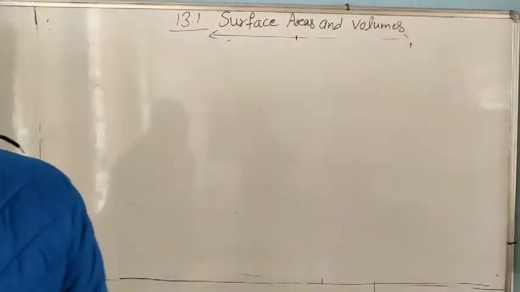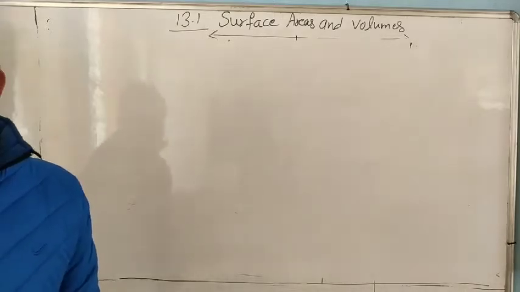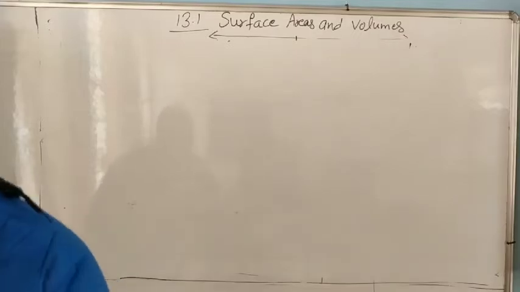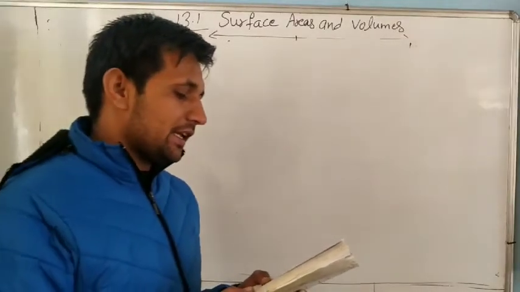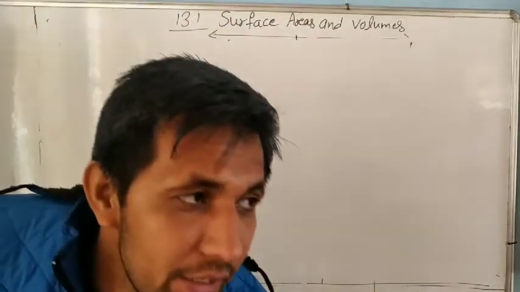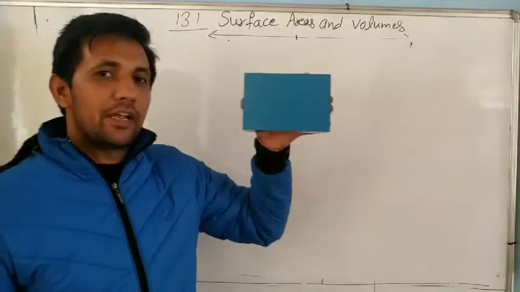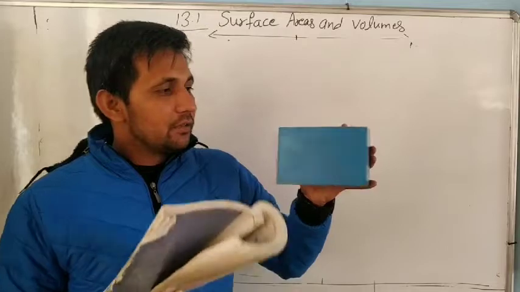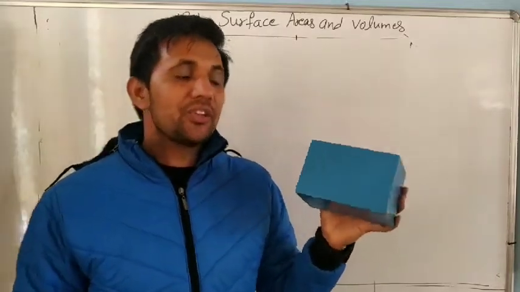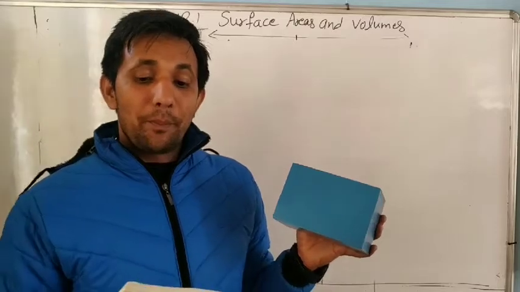Question number 4. The paint in a certain container is sufficient to paint an area equal to 9.375 meter square.